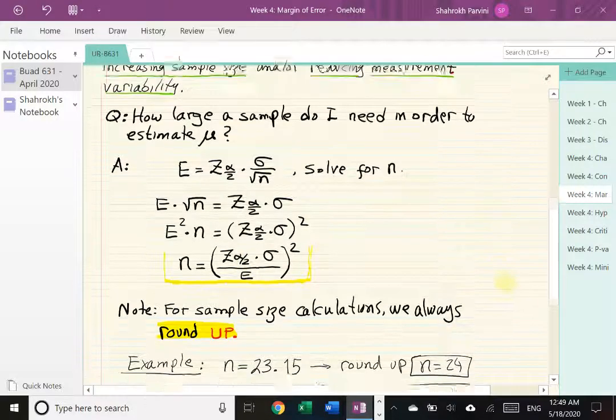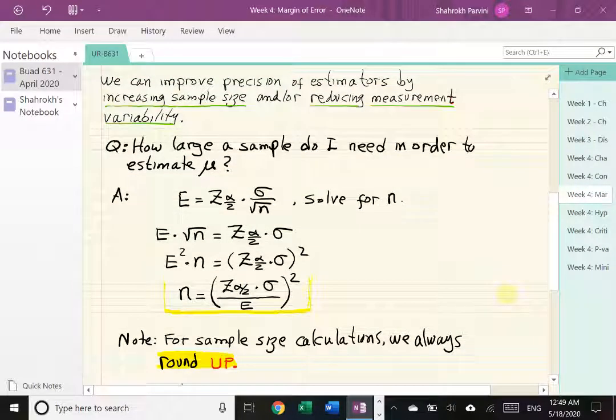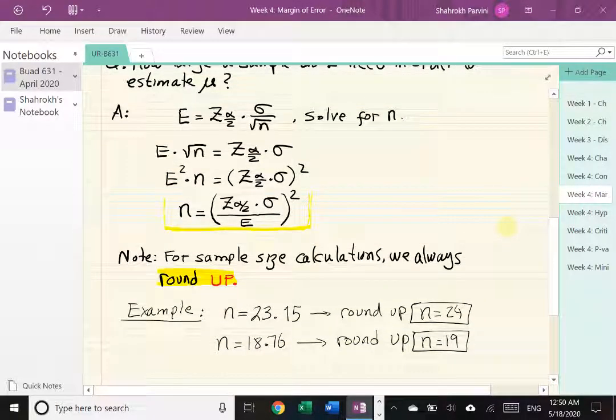Now, one thing to note for sample size: we always round up regardless of the trailing decimal. For example, the sample size in the formula may come out to be 97.1 and we round it up to 98. You'll see an example in a minute. Because we cannot have a portion of a person, and to be conservative, we always round up, which makes the margin of error just ever slightly smaller.